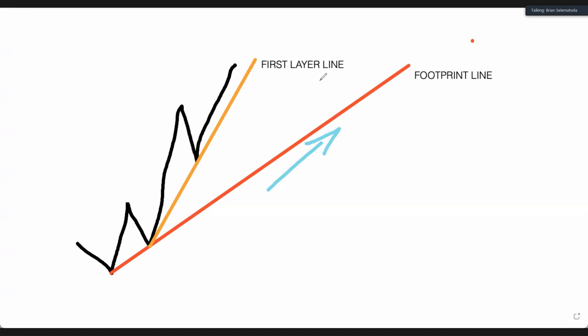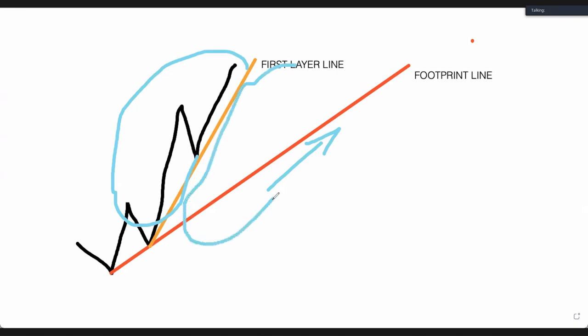And now the first layer line is the one that distinguishes whether the market will still go into the direction it was going, or the market is about to go into the opposite direction.